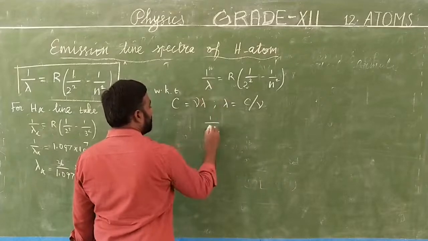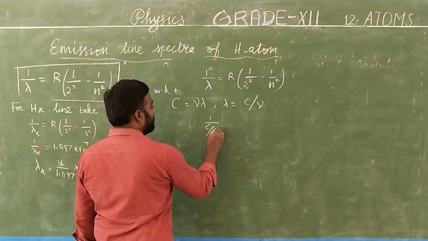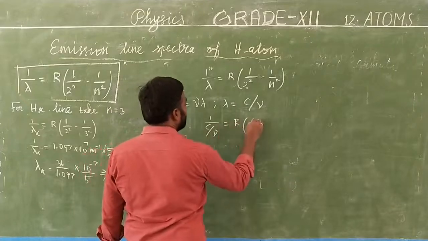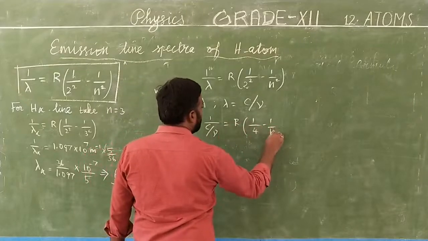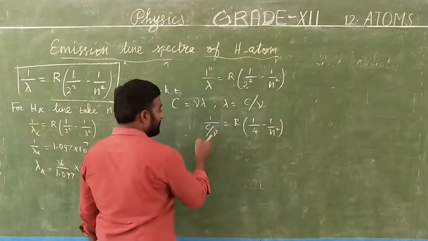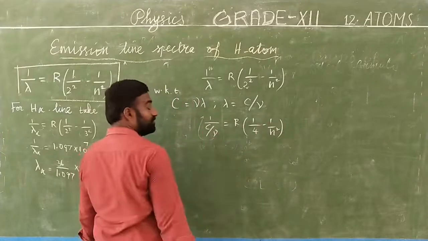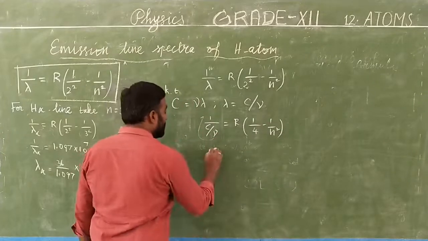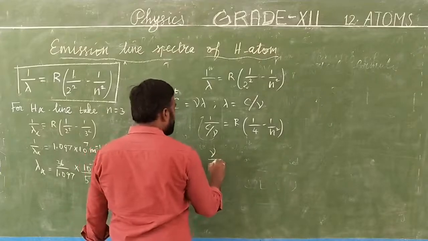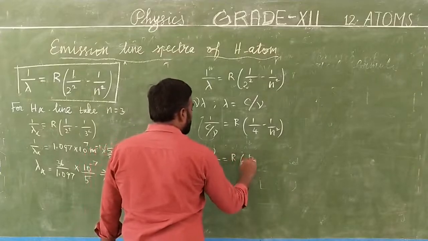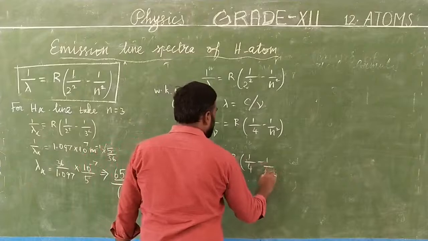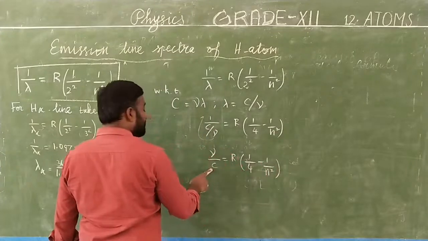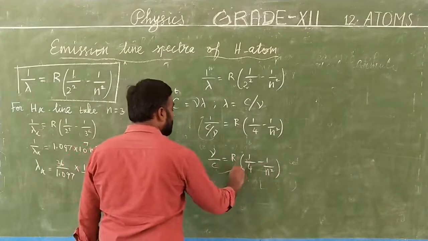So instead of lambda, speed by frequency, which is equal to the Rydberg constant into 1 by 4 minus 1 by n square. Then this value becomes the denominator. So finally, the frequency by the speed is equal to R into 1 by 4 minus 1 by n square, and the denominator speed you have to transfer to the right hand side.